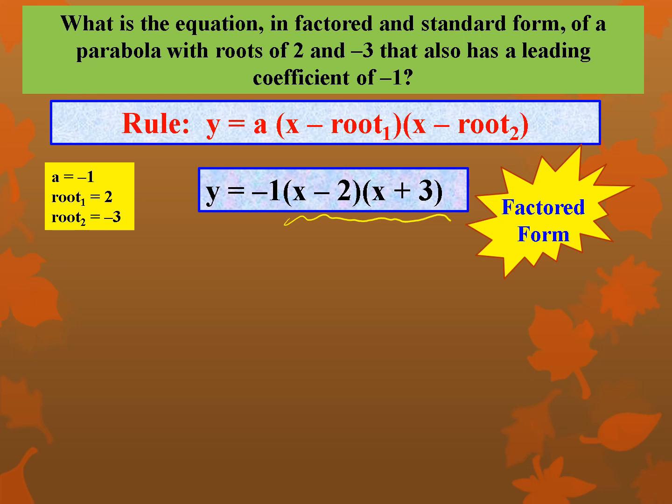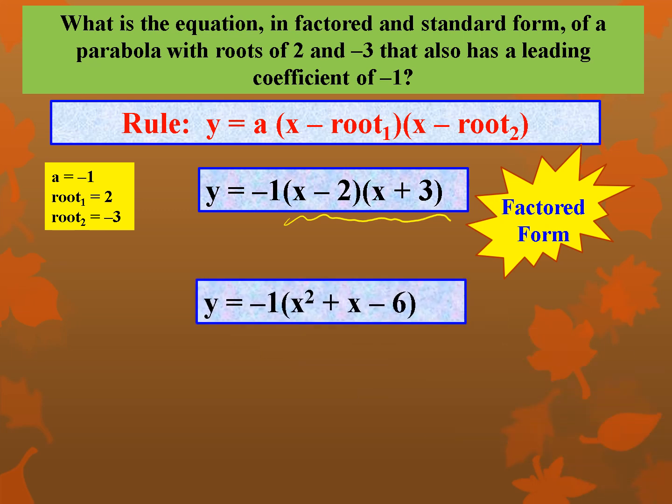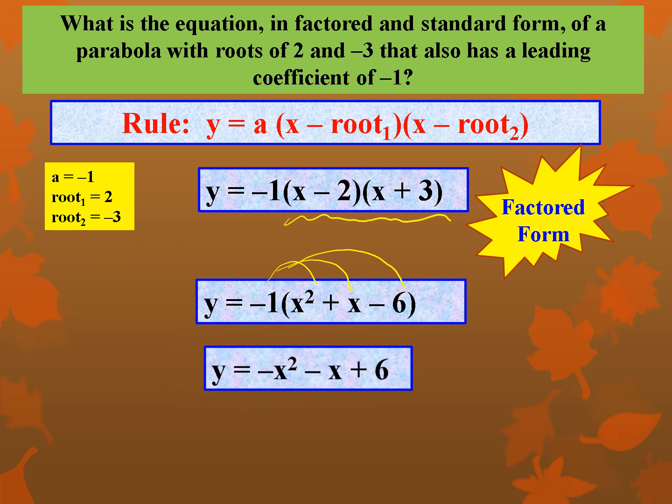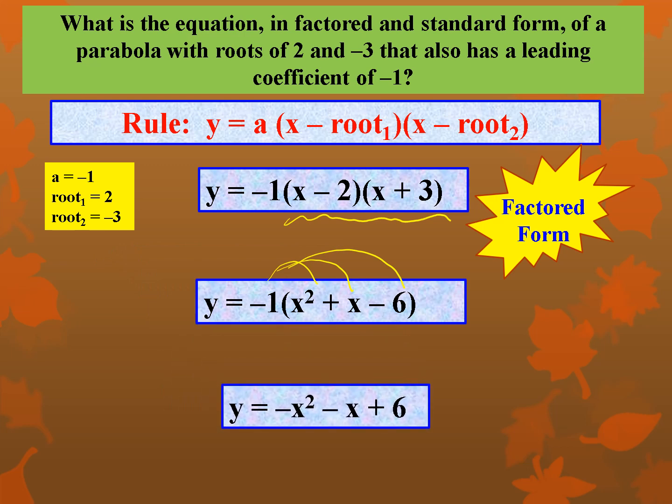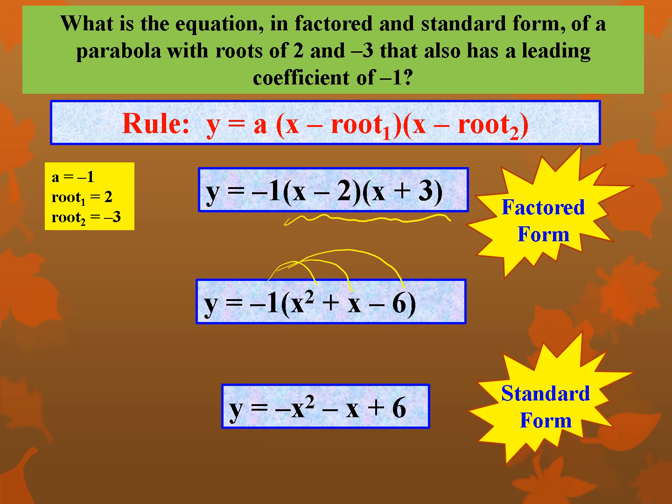Let's multiply those. And you can box it, you can FOIL it, it doesn't matter. But when I multiply those two together, I get -1 times x squared plus x minus 6. Now I'm able to distribute that -1. And so I end up with y is equal to -x squared minus x plus 6.